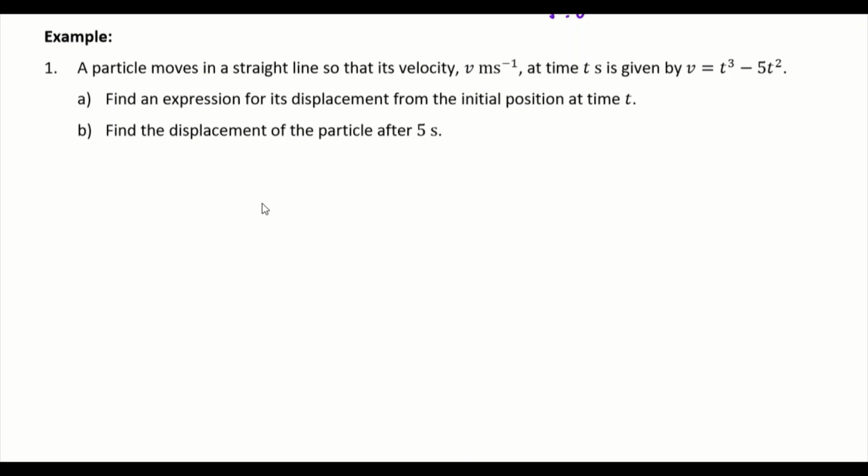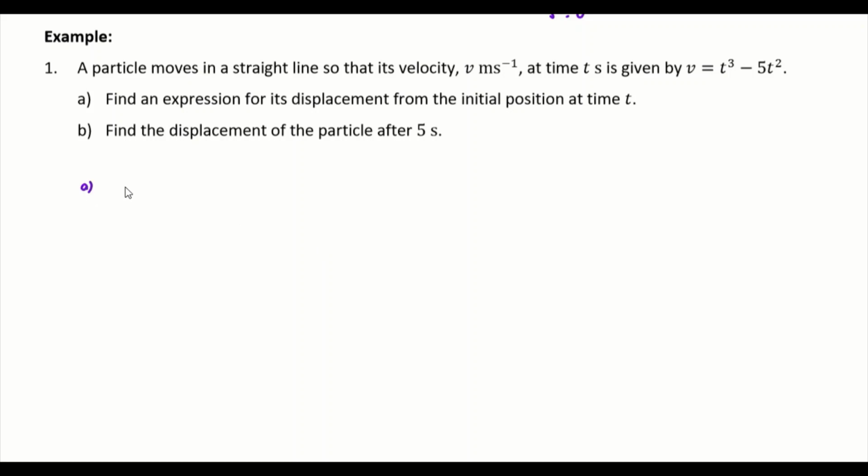A particle moves in a straight line so that its velocity at time t is v equals t to the power of 3 minus 5t squared. A, find the expression for the displacement from the initial position at time t. For this question, we're going to find the expression for displacement. This is very direct.